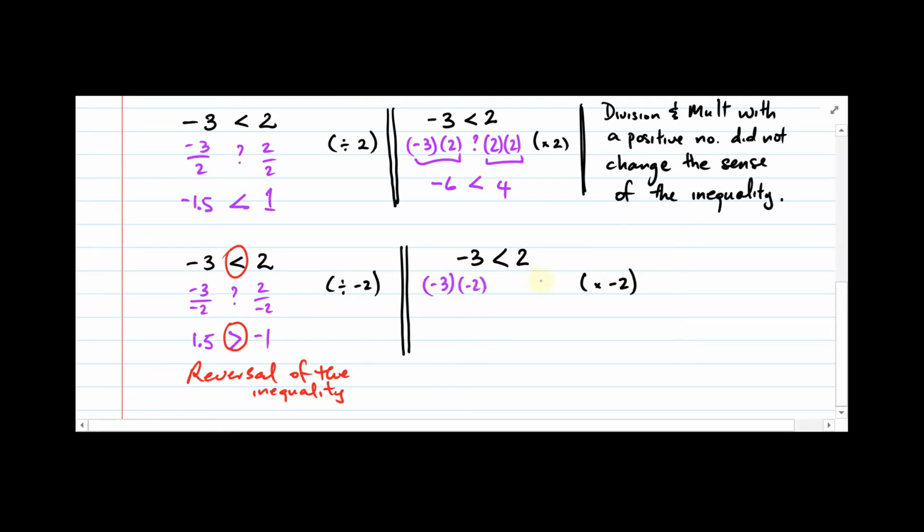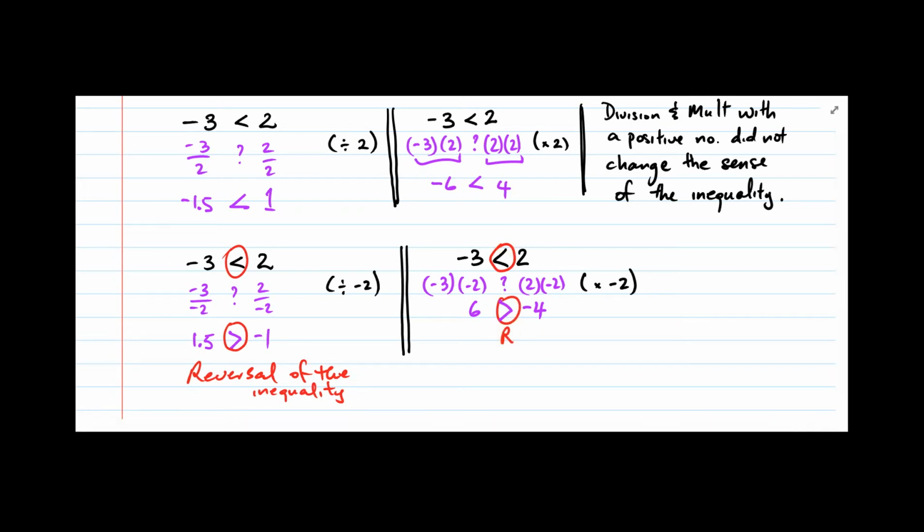Anything I do to the right, I'll do to the left. And we're asking what happens to the inequality. When we multiply the left hand side, we get positive 6. Multiplying the right hand side, I get negative 4. All positive numbers are greater than a negative number. So again, we are seeing that reversal.